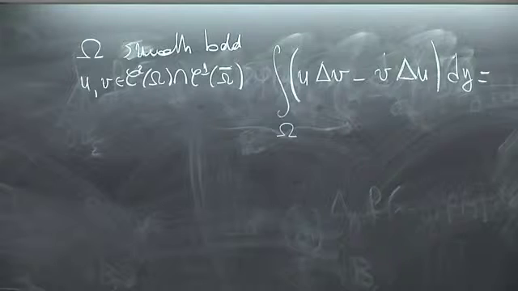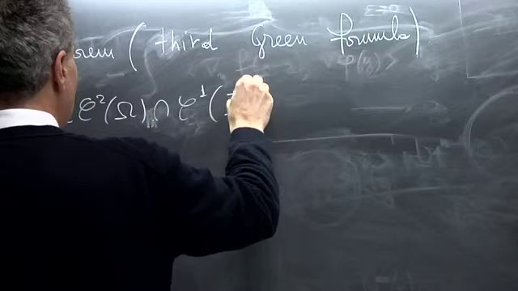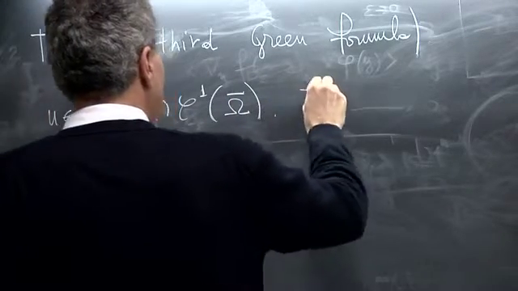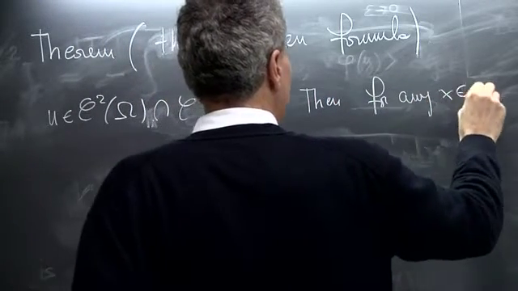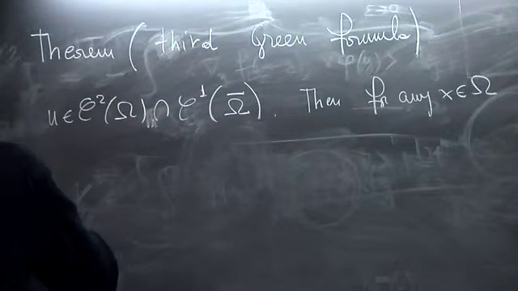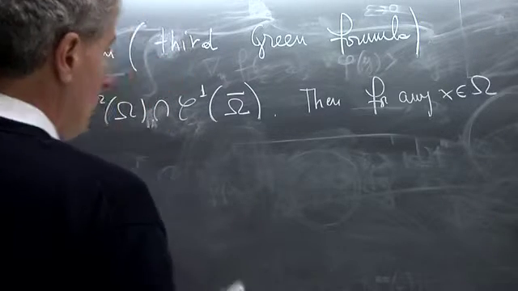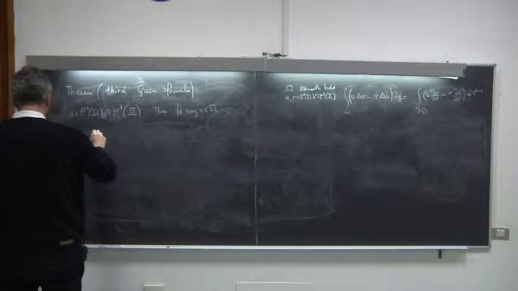Okay? And again, also here there are no PDEs. So, let me take a function u, again C2, under the same assumption on omega, C1 omega bar. Then, for any x in omega, there is a representation formula of u without assuming any PDE. Okay? And the representation formula is the following.